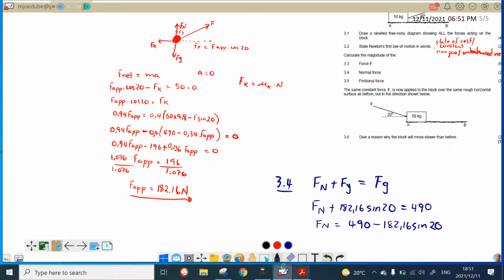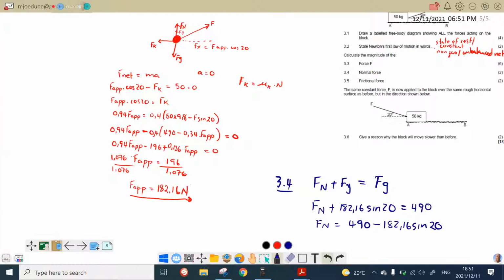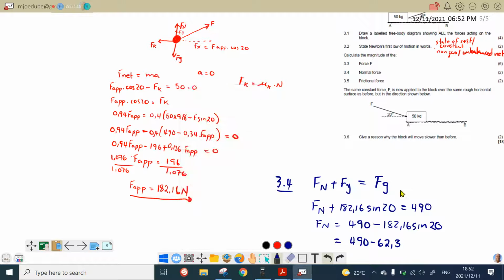So Fn is equal to 490 minus 62.3 newtons, and the answer that you're going to get is 427.7 newtons.